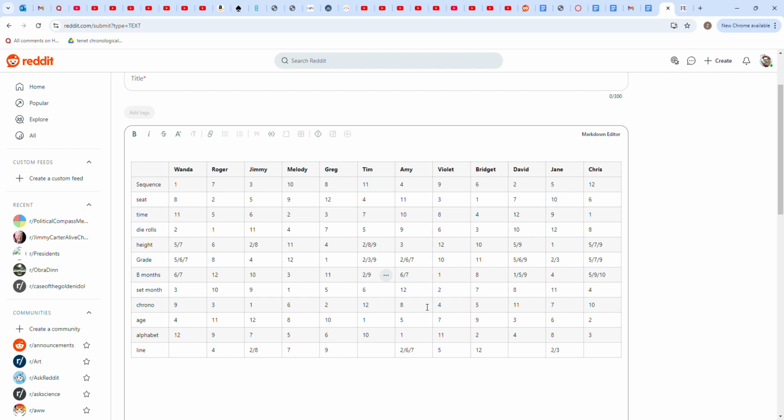And how is that interesting? That is interesting because there is now only one space that can have a 2 on this row, and that is this cell here, which means we can eliminate this 9. We now know that Tim was born in January, which means that we can eliminate the 2 from the rest of his column.